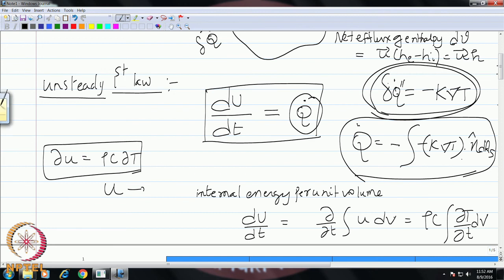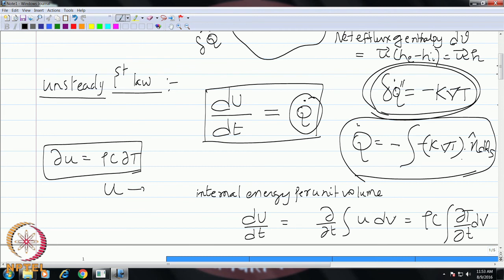So, this is called a constitutive relationship, and although this was originally proposed by Fourier without any rigorous background, we can also show from the microscale laws that these classical constitutive laws can be derived. So, these are not something which has been simply proposed without very strong fundamental understanding.